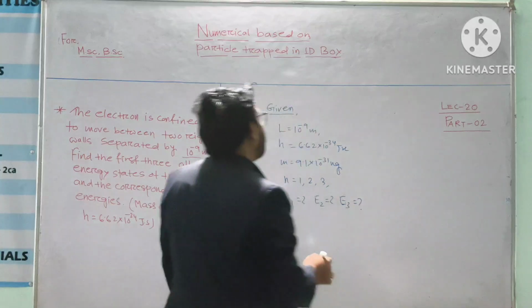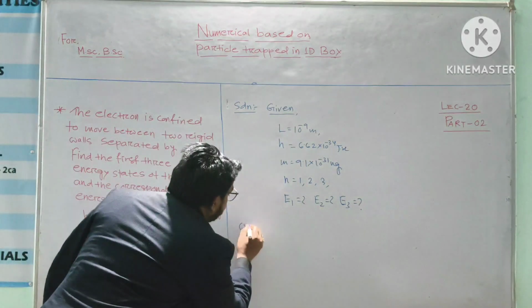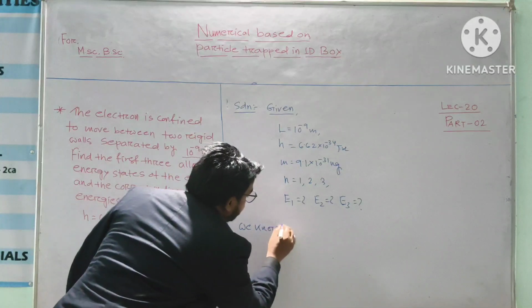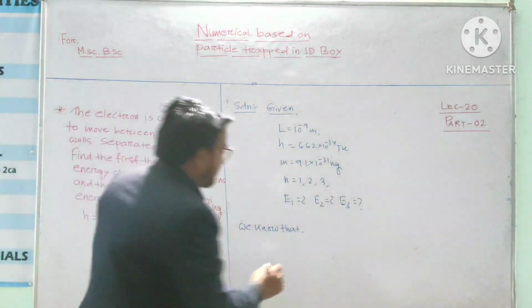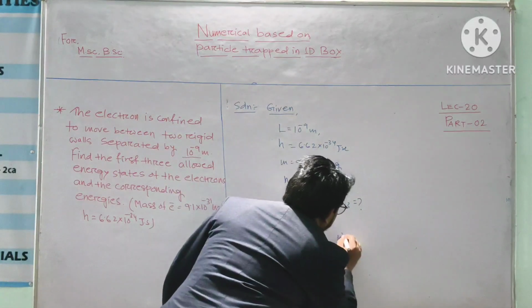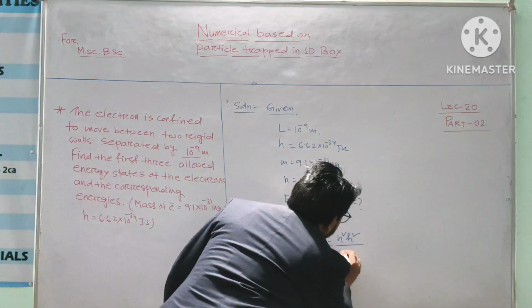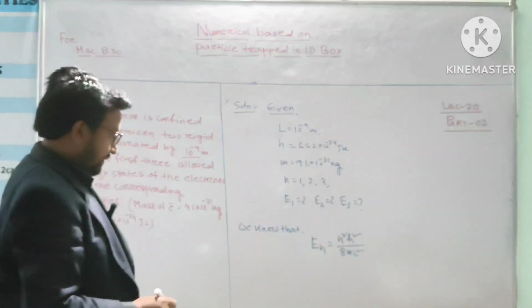Okay, so we know that En equal n square h square divided by 8 m L square.